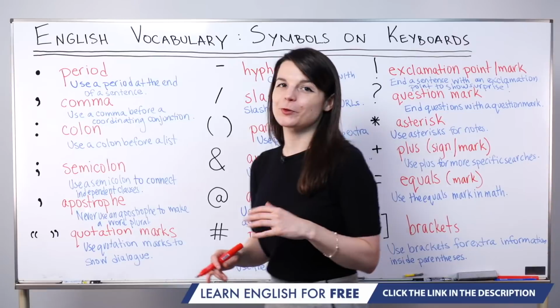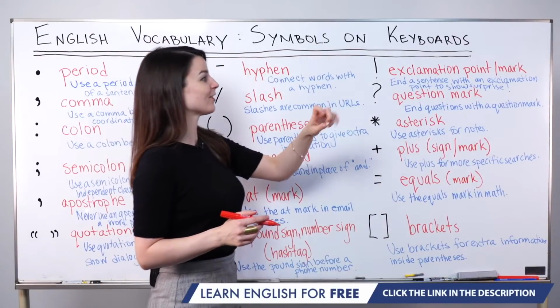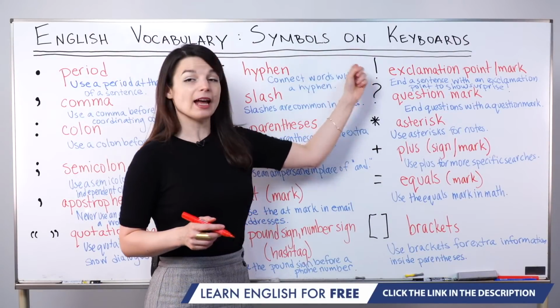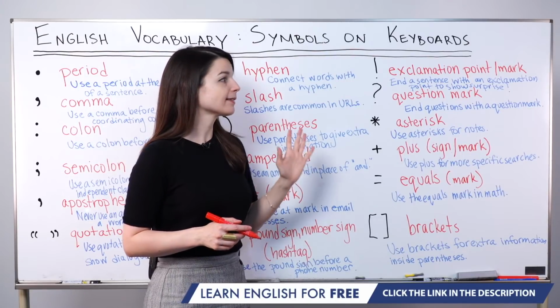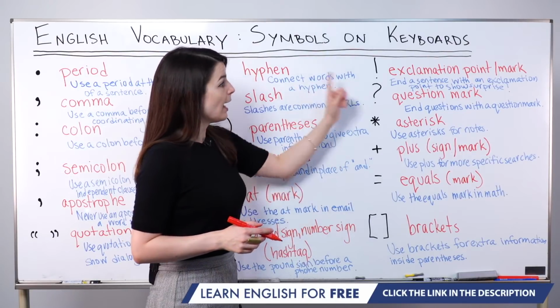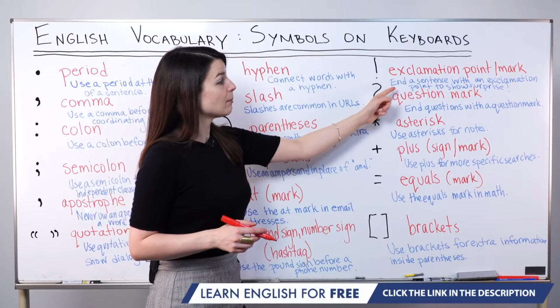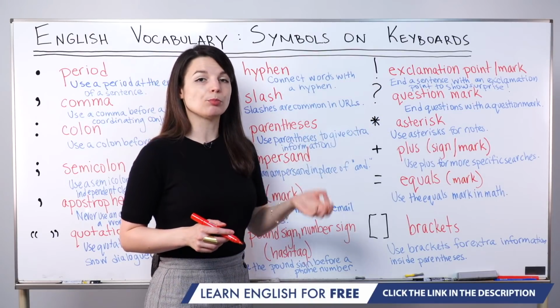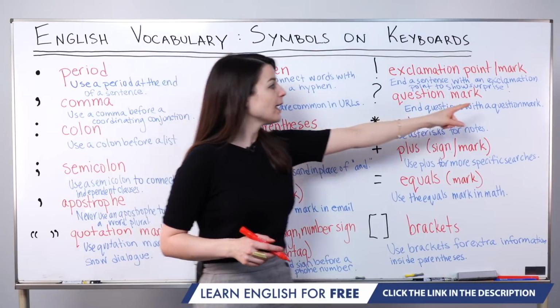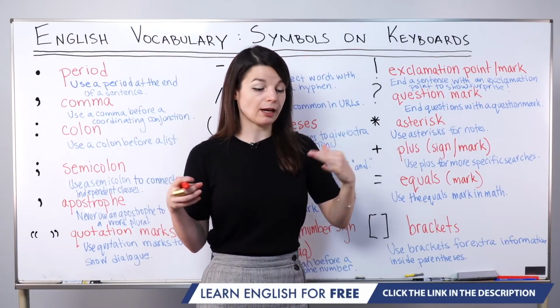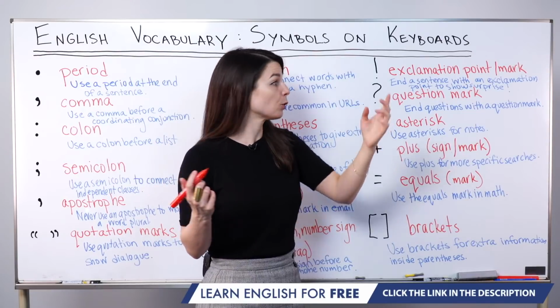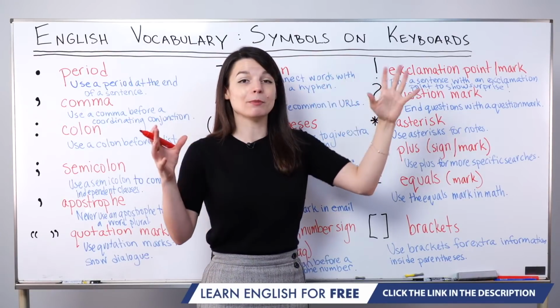Okay, let's go to the last part of the list rather. This is called an exclamation point or an exclamation mark. End a sentence with an exclamation point to show surprise. So when we end a sentence with this mark, it means we should read it with a more excited voice, or we should read it with an exclamation.